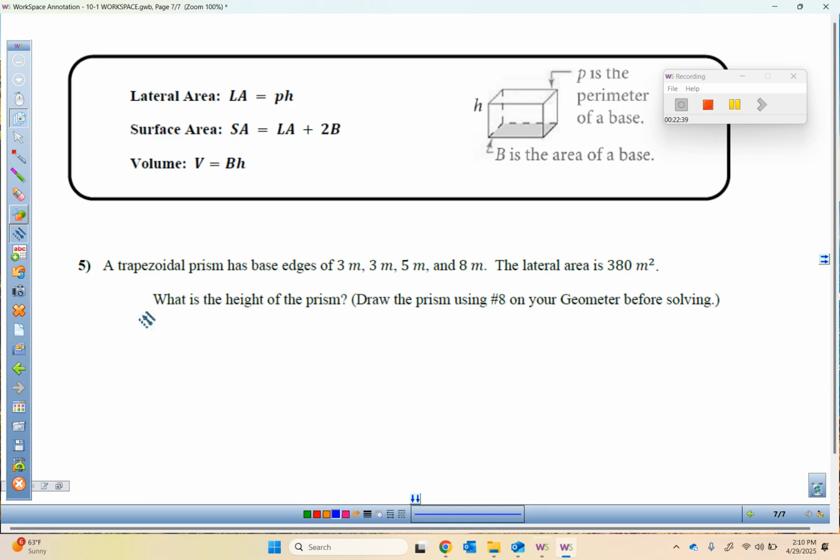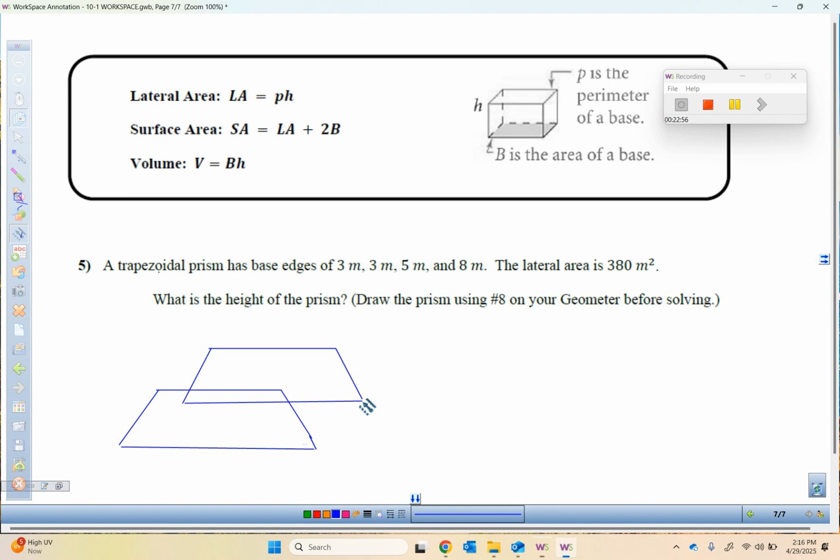Number 8. And then you're going to take your geometer and make another one slightly up and around it, kind of like this. Tracing your geometer. Yours will look neater than mine, I hope.